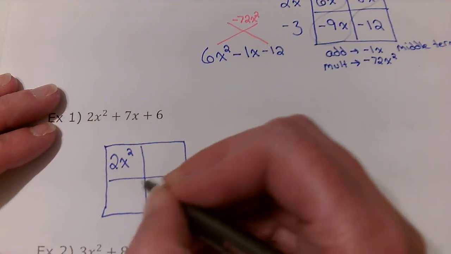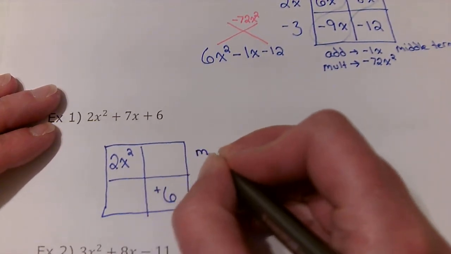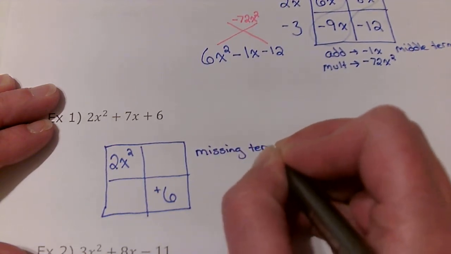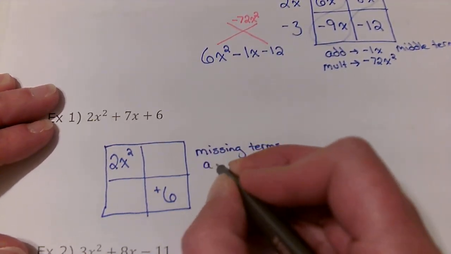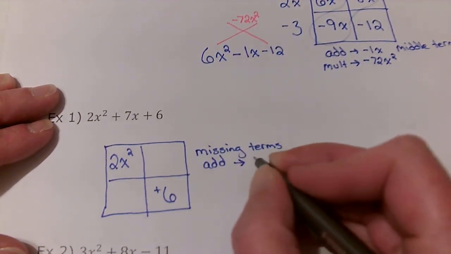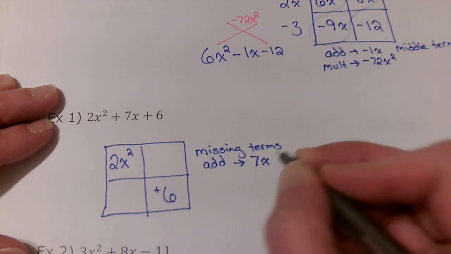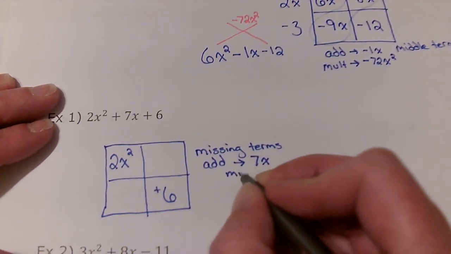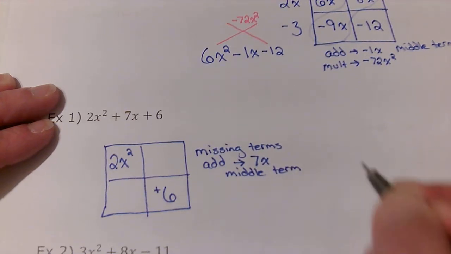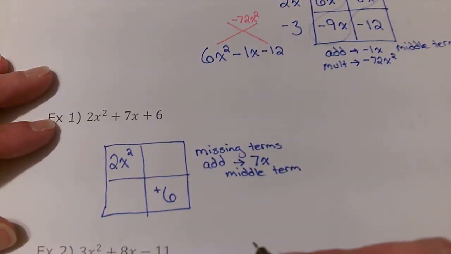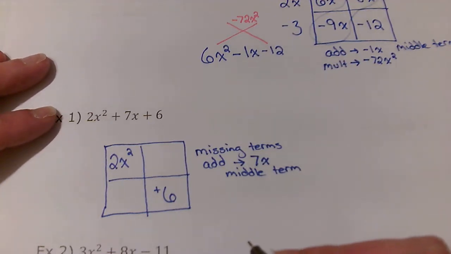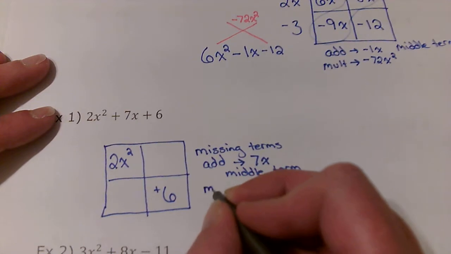So there's a couple of things I know about the missing terms. The missing terms add to be 7x. They add to be the middle term. Now, just knowing two numbers add to be 7 doesn't help me much. I need to know what they multiply to be also.